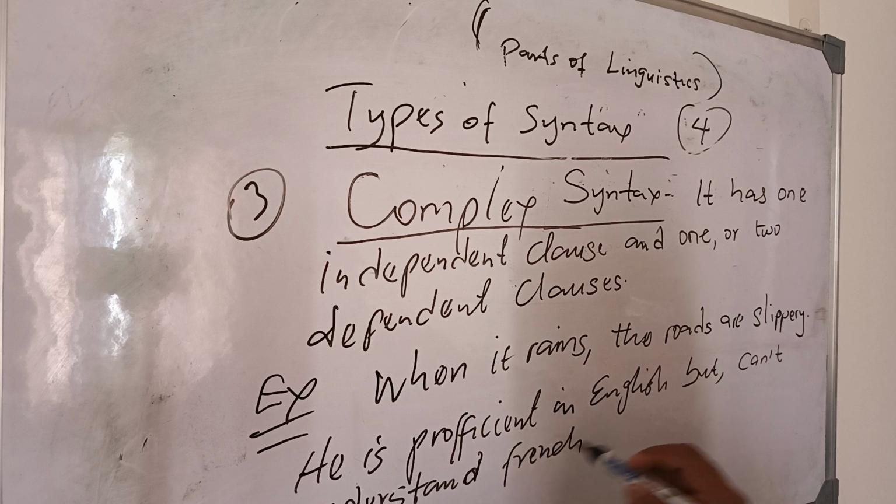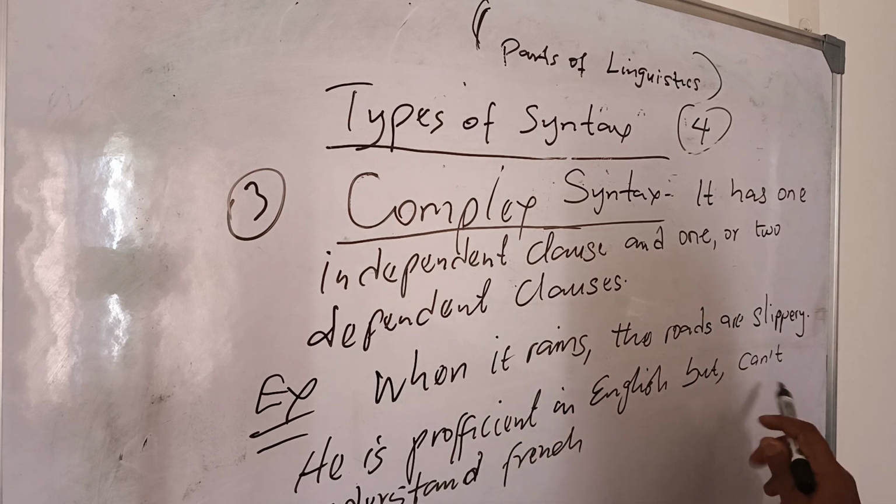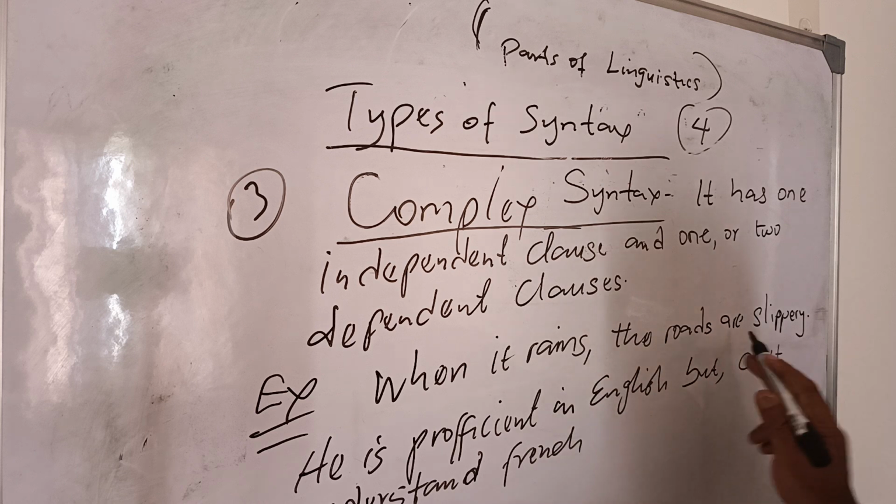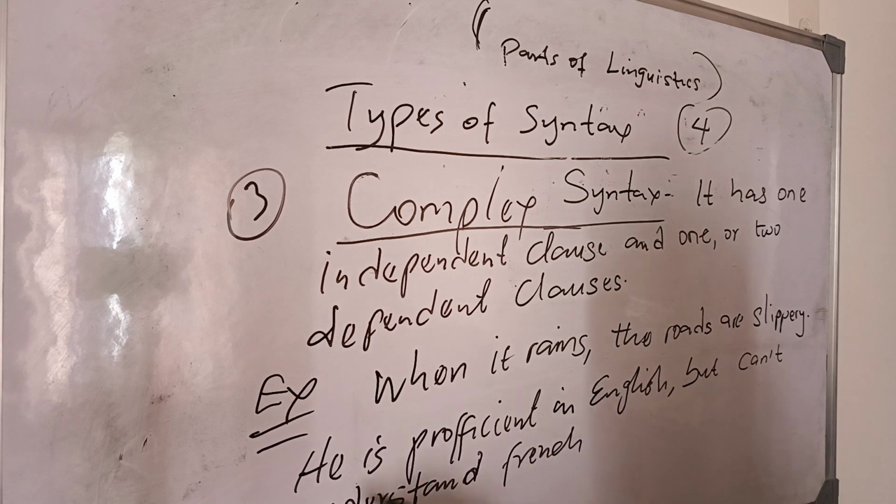This one is a complete sentence. So it's an independent clause because it does not depend on any other one to be a correct sentence. He is proficient in English.